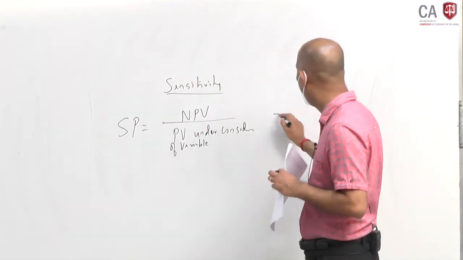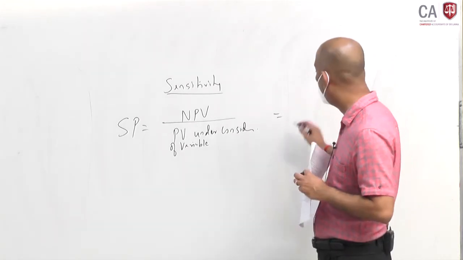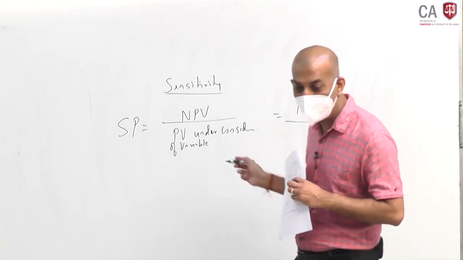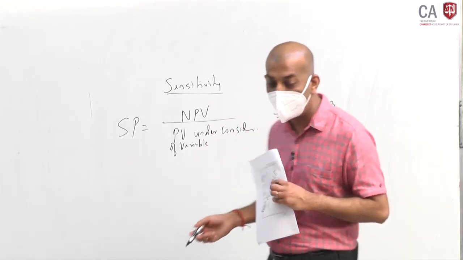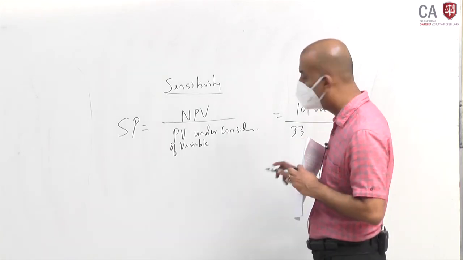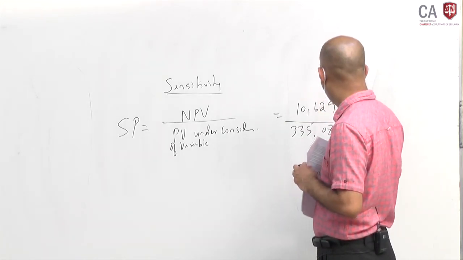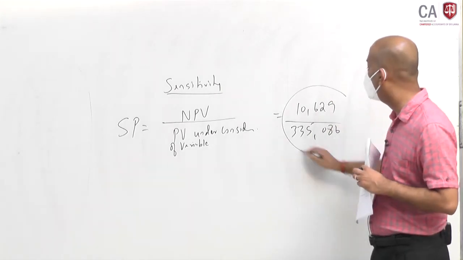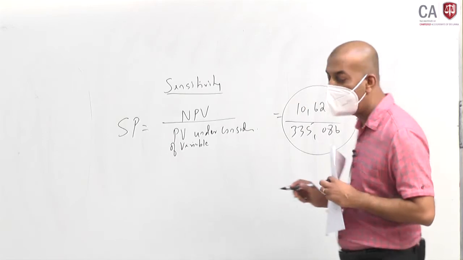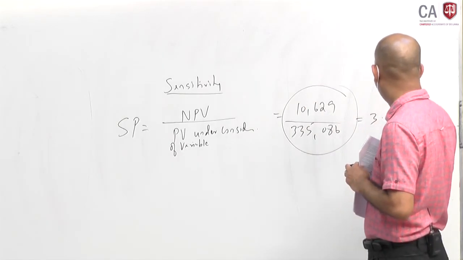We'll look at the selling price first. NPV is 10,629 divided by the variable under consideration, selling price, so that gives you the sales present value, 335,086. So this basically gives you the sensitivity of the sales price, 3.17.